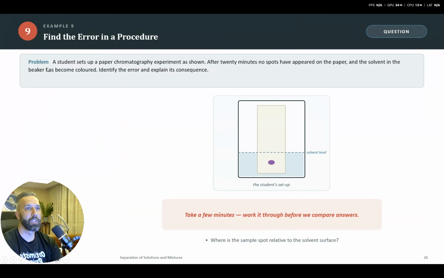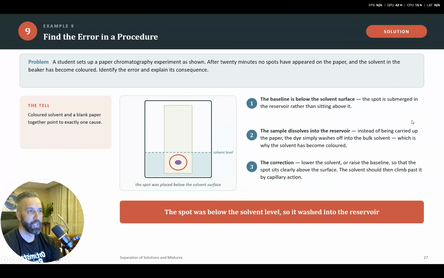Okay, a student sets up a paper chromatography experiment. After 20 minutes, nothing has happened. So, if you set up a chromatography experiment like this, with your dye under the solvent level, what is going to happen now?